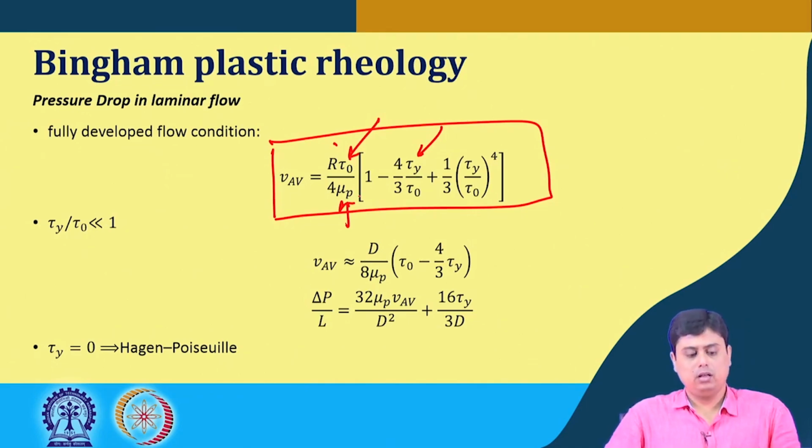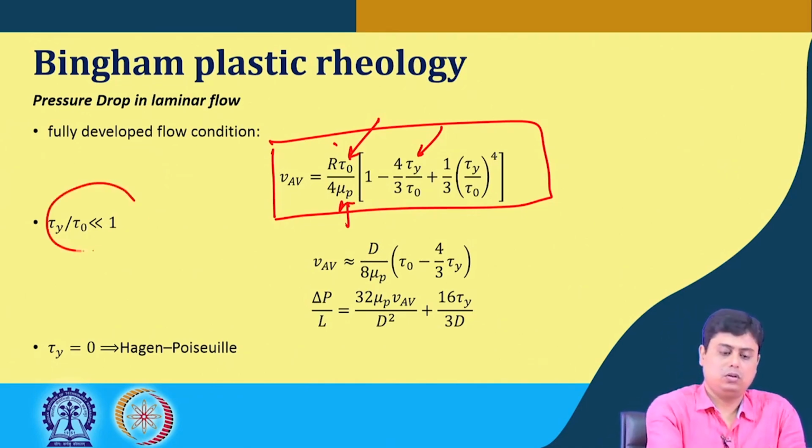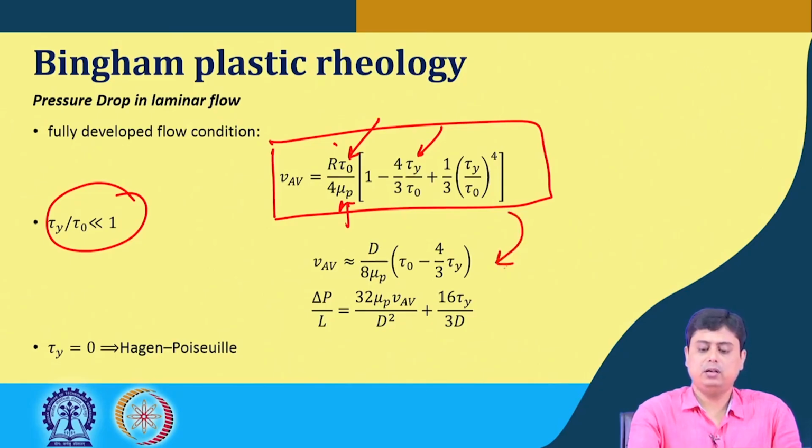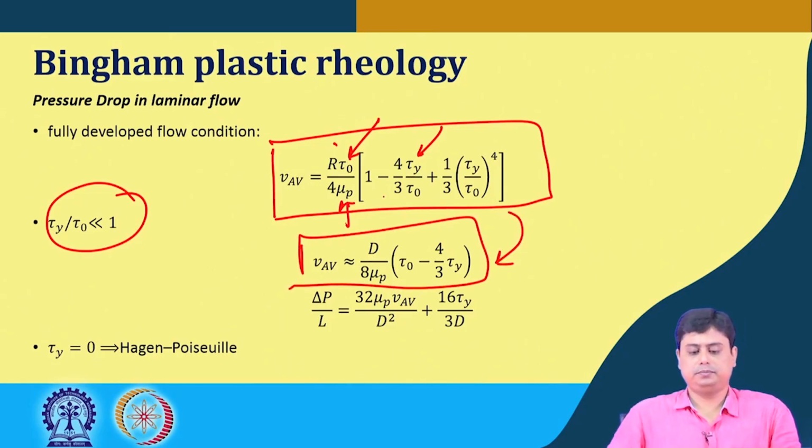Now, when this ratio, tau y by tau 0, is much less than 1, then this expression can be simplified to only having this part.